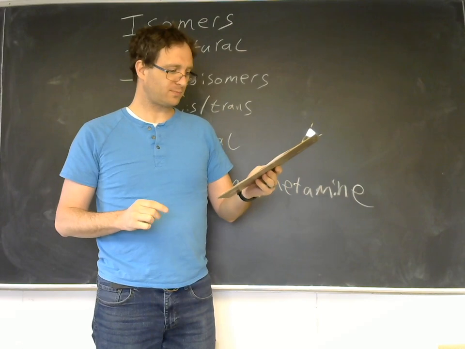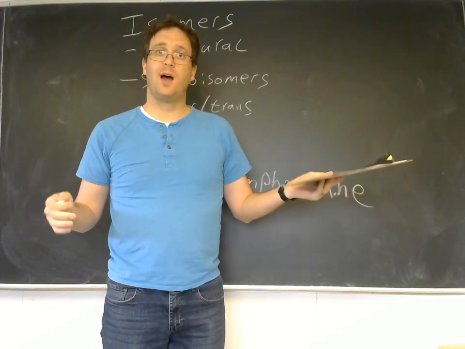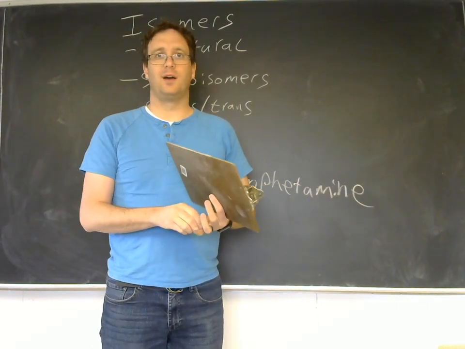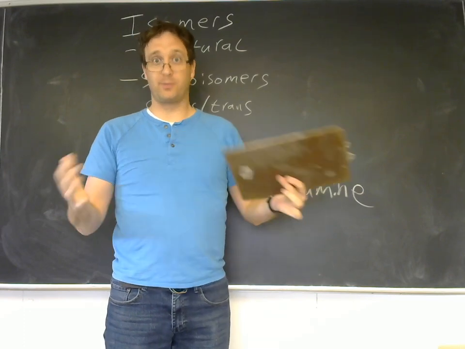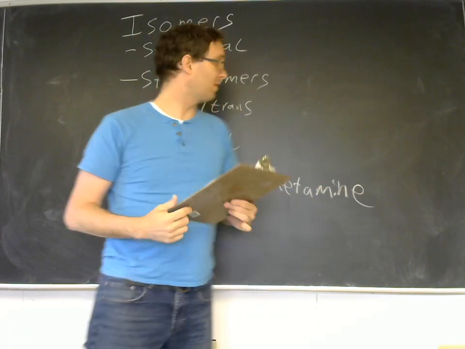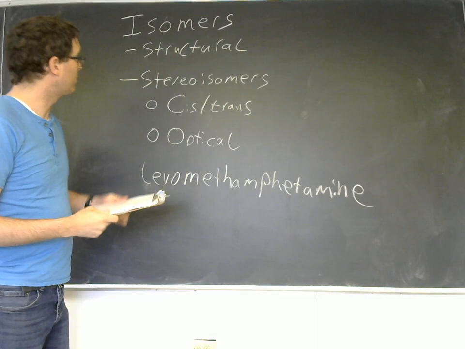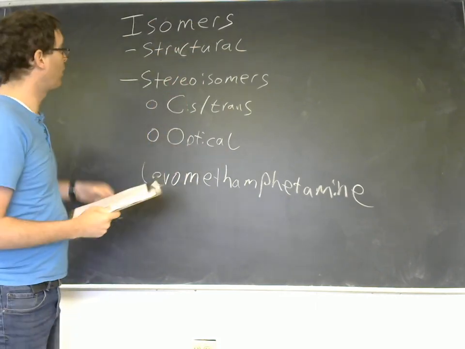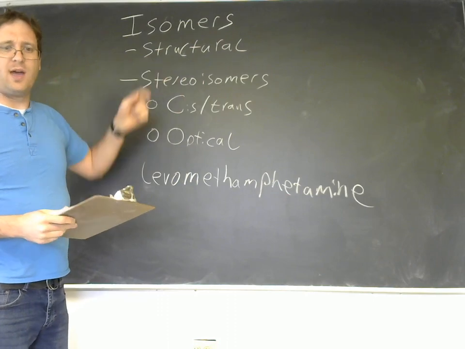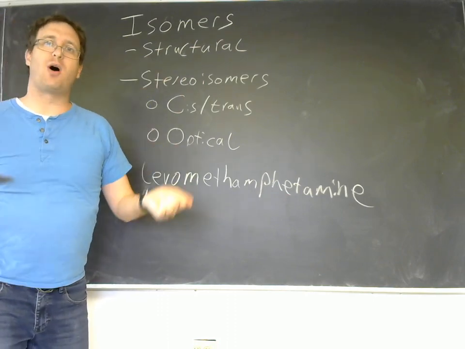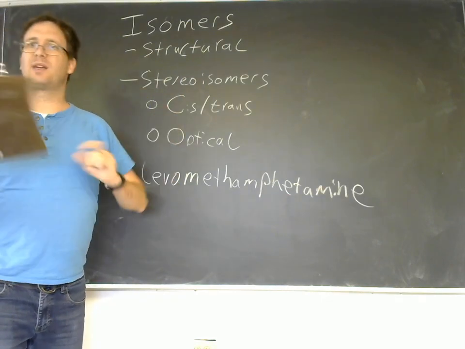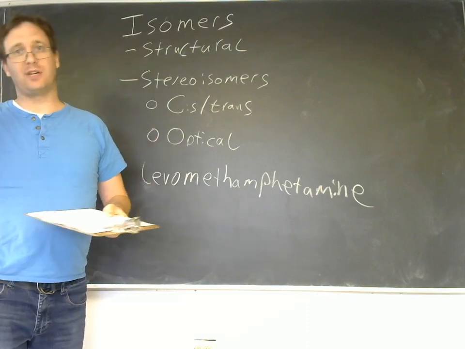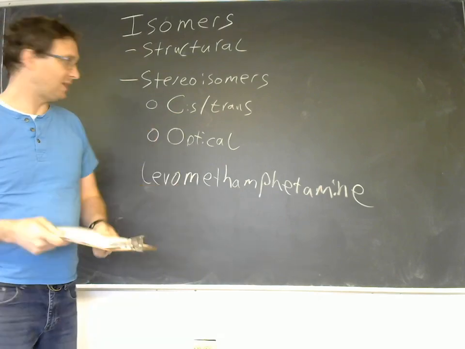So that's it for 21.3. Isomerism is an interesting and diverse topic, and you'll revisit it in organic chemistry. But these are the primary types of isomers. Structural isomers are just arranged differently in a straightforward way. Stereoisomers have the same bonding partners, but there's something about their orientation in three-dimensional space that makes them distinct.